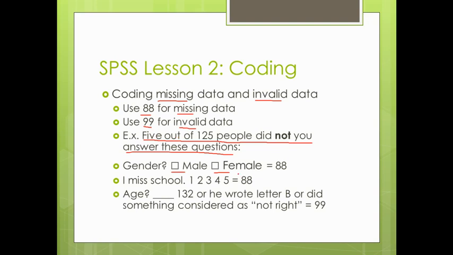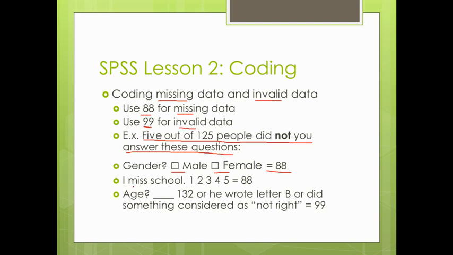Perhaps they forgot, or they were not willing to reveal their gender, and they left the answer blank. So in research, we conceptualize such blank data as missing data. So we're going to code 88 for the missing data. You're going to enter 88 into the Excel program again.